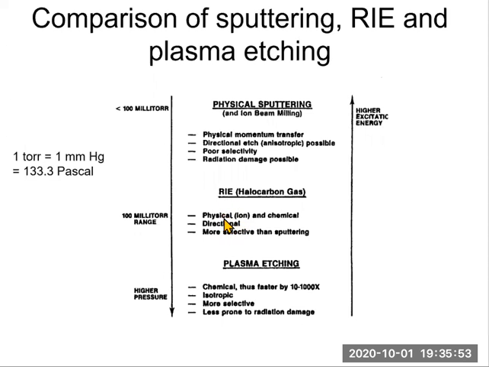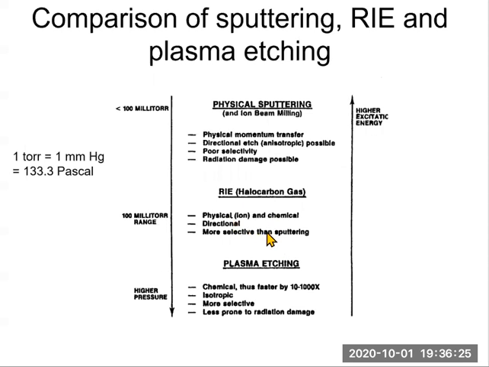In between is RIE, reactive ion etching. It's a combination of physical and chemical processes, and the etching is directional. The directional etching is enabled by ions. And RIE is more selective than sputtering.